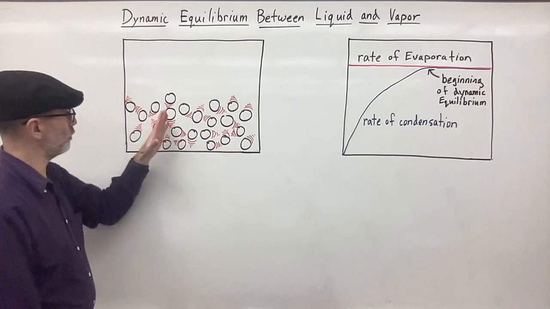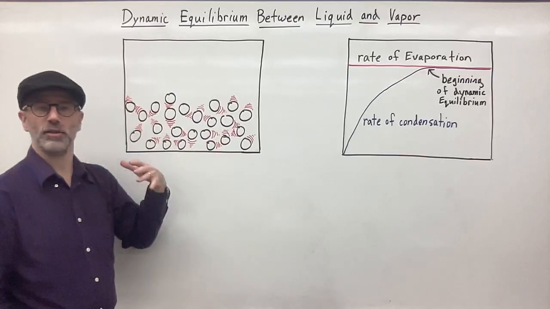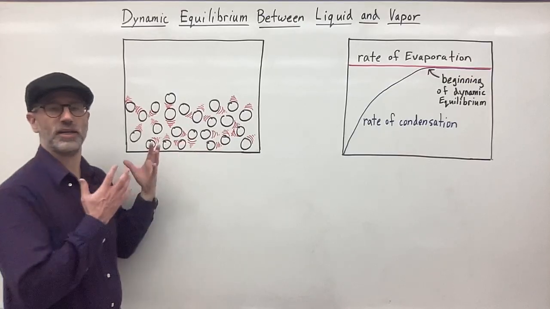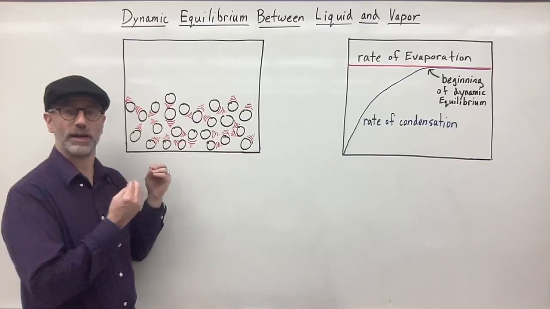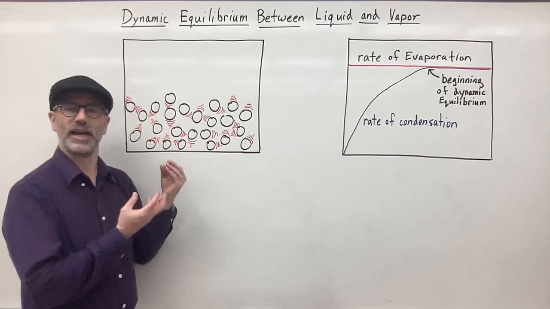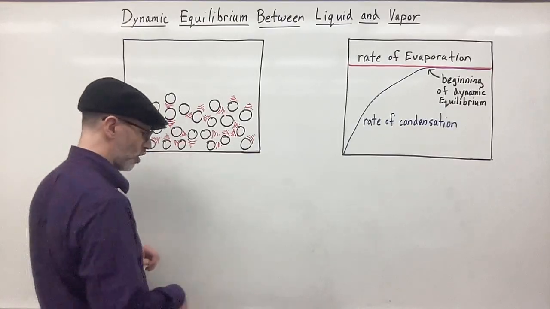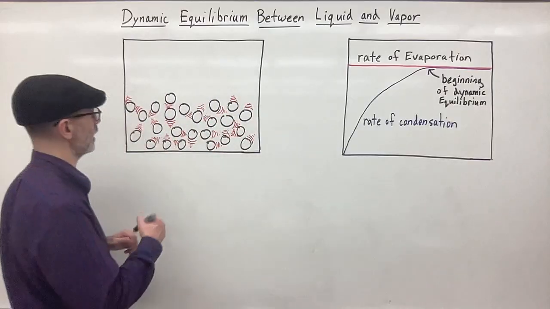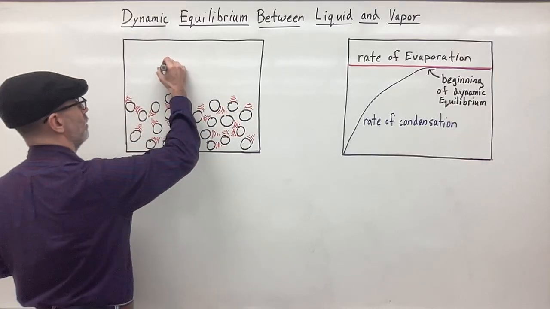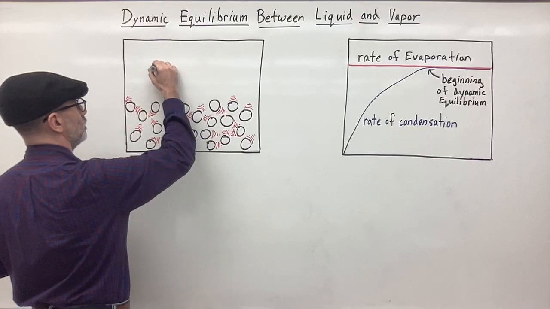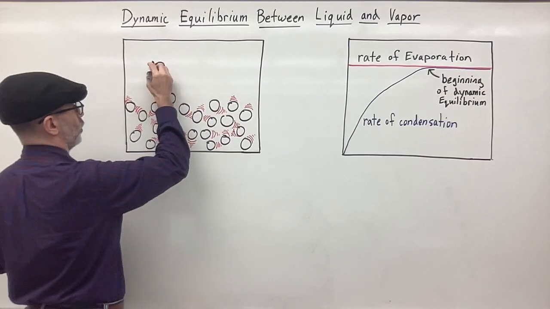At the very beginning, as soon as you get one water molecule to break free, now you have a vapor phase. So let's draw that in. Let's say one of these breaks free, and then you've got your vapor particle.